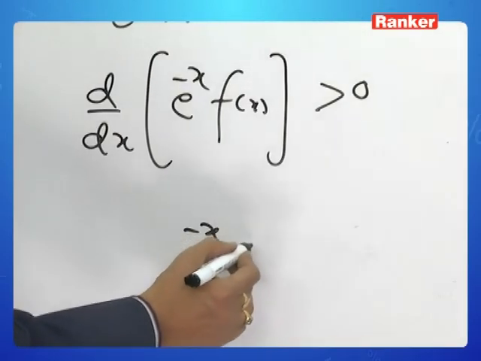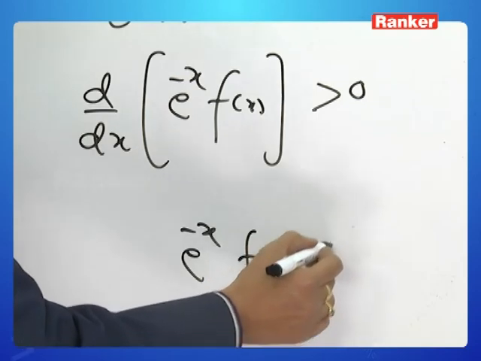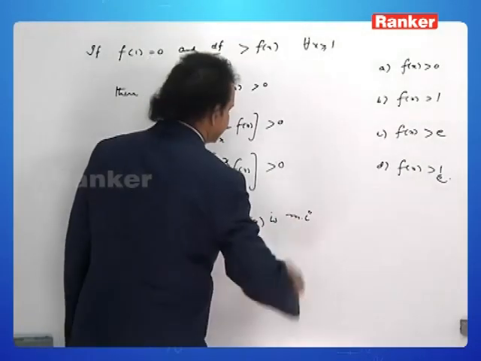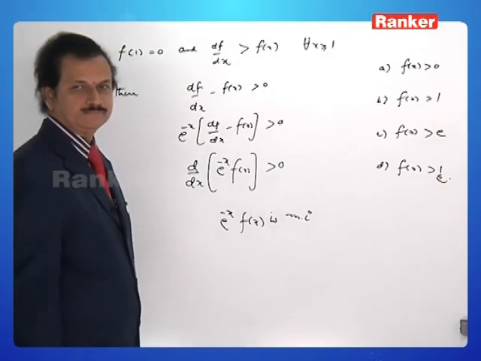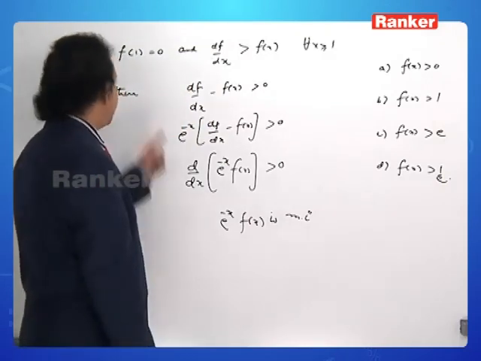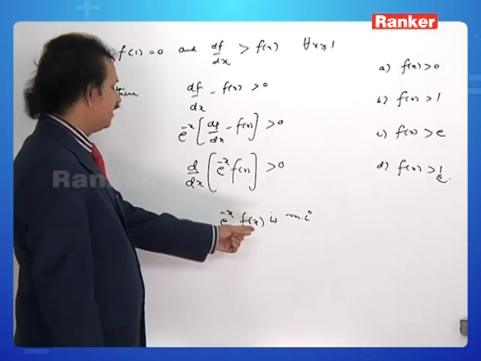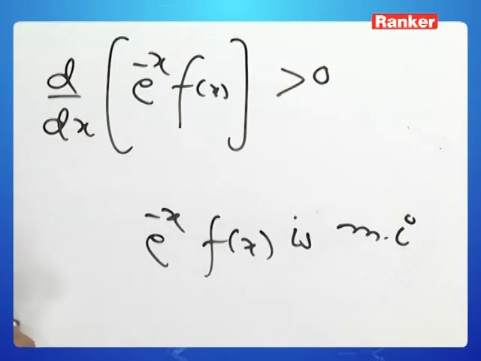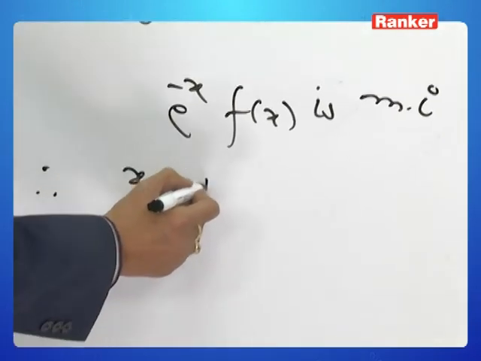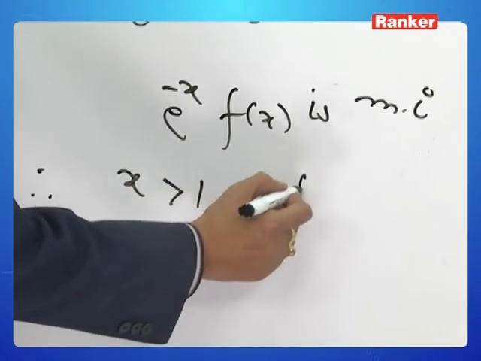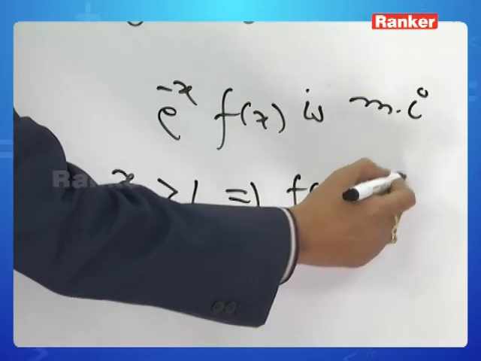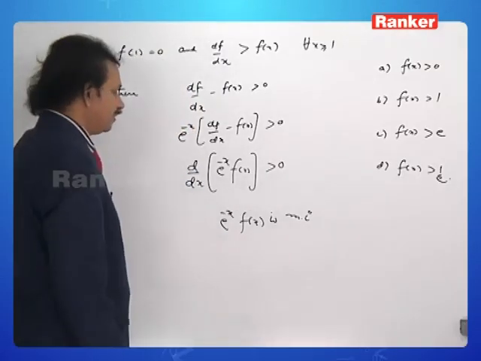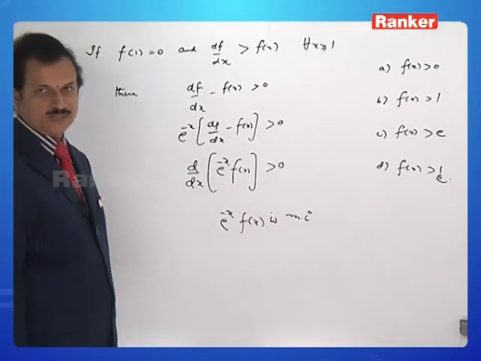E power minus x into f of x is monotonically increasing. Which is the increasing function here? E power minus x into f of x is increasing.